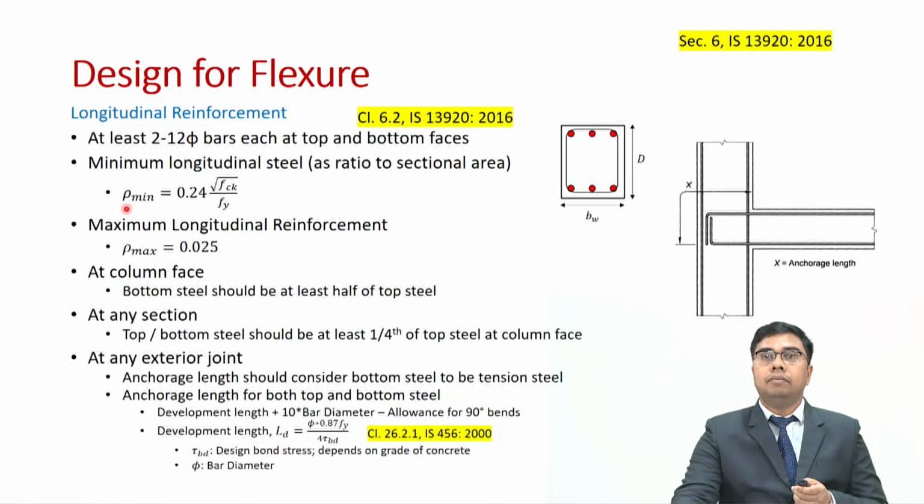So, this is rho minimum. On the other hand, the maximum value of longitudinal reinforcement, rho max, is 0.025.